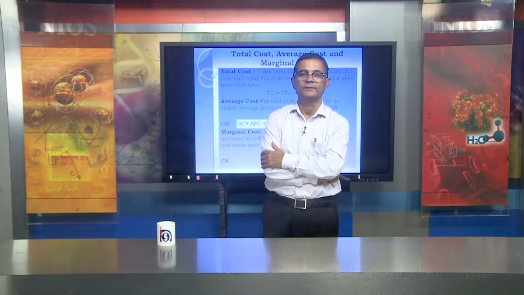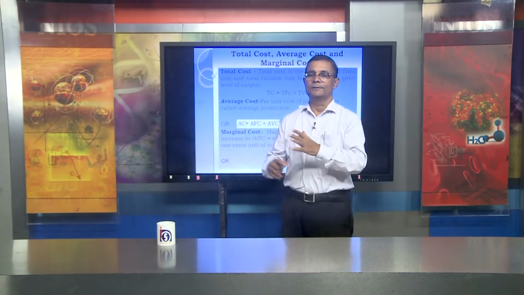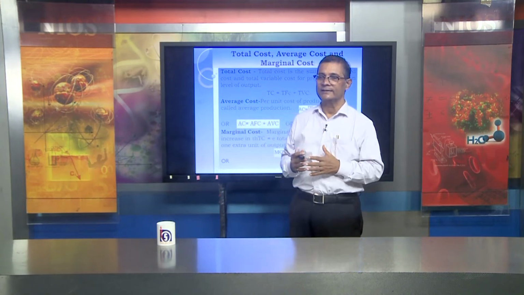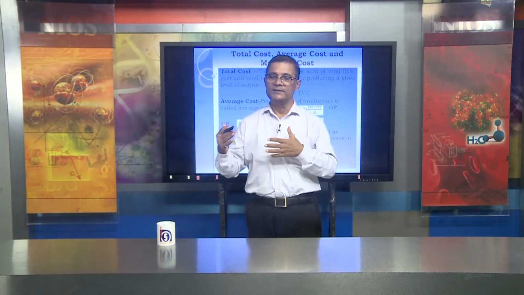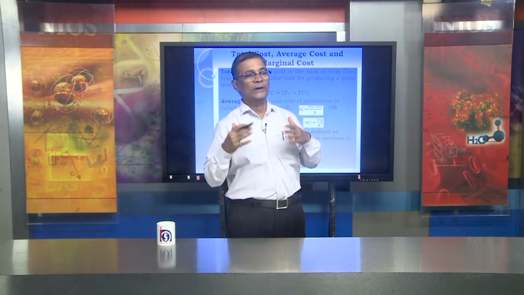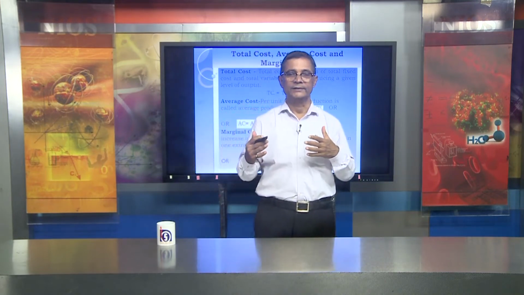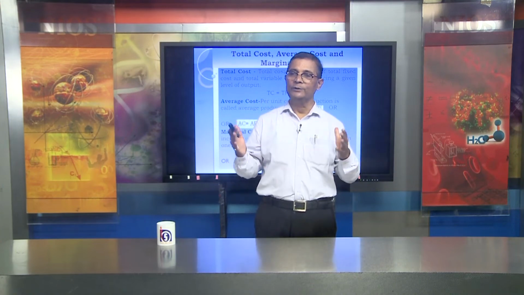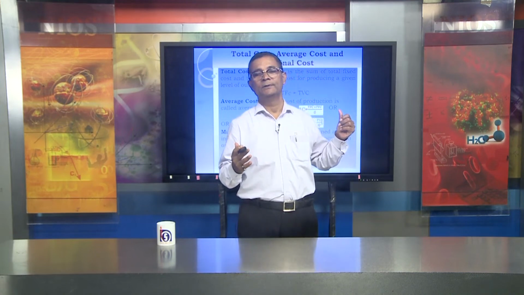What happens in this? Some expenditures are made on the fixed assets. Some expenditures are made on the variable assets. Once both are combined together, this gives the concept of the calculation of total cost.